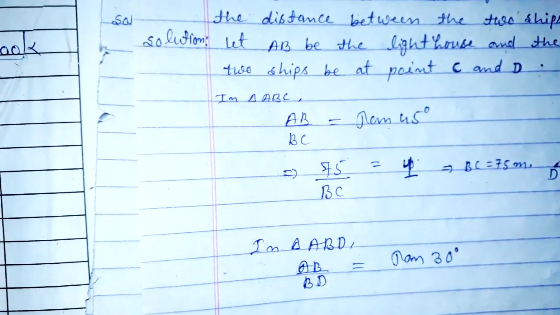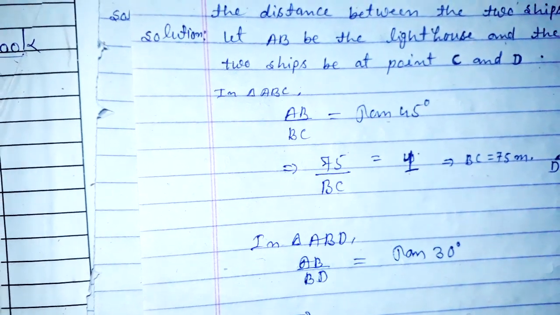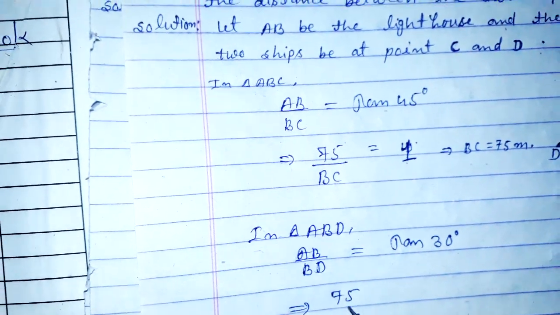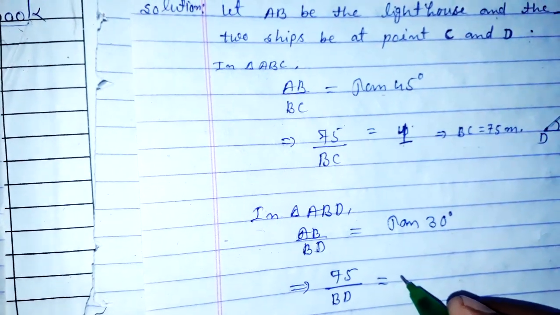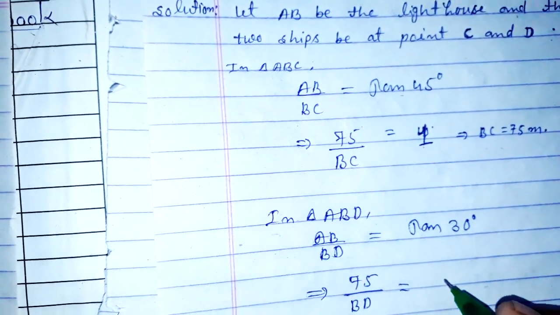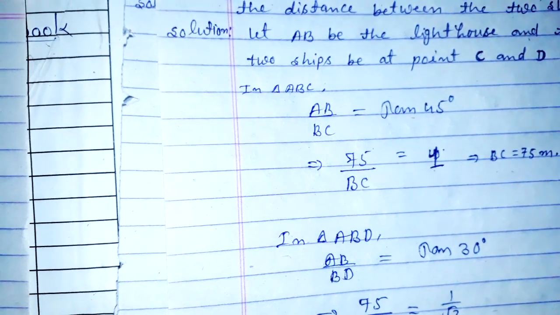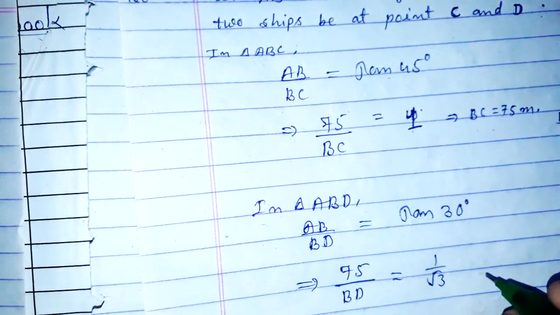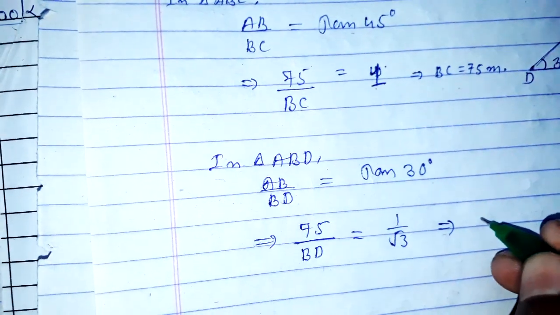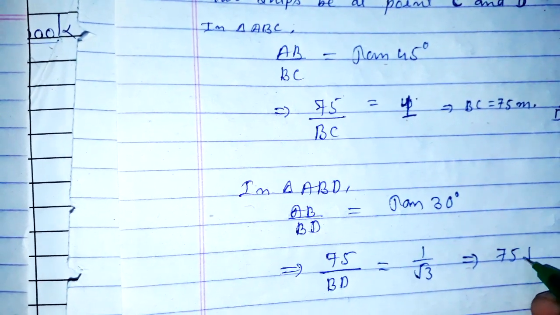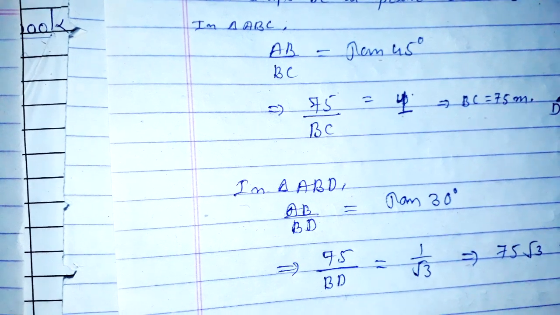So put the value of tan 30, which is 1 upon root 3. And what is AB? AB is 75, and BD is BD. So here 1 upon root 3. That implies, cross multiply, so this is 75 root 3 is equal to BD.